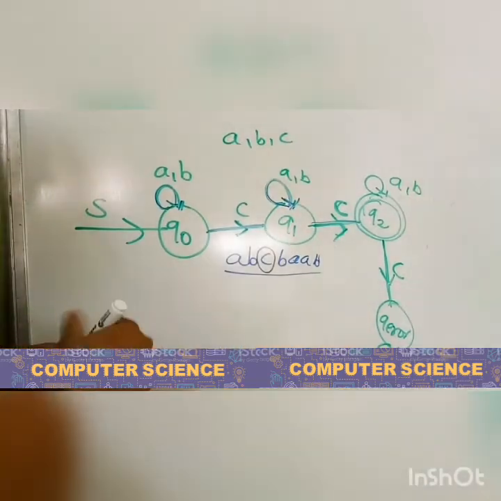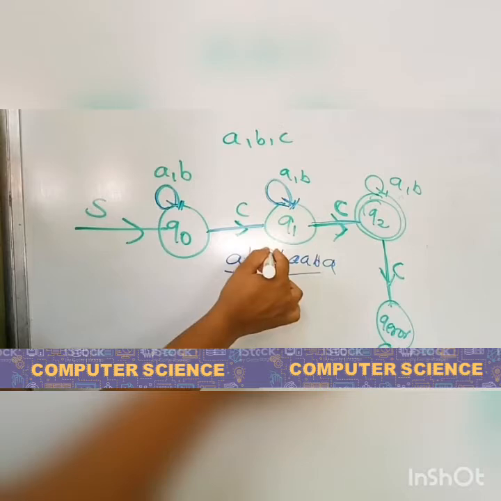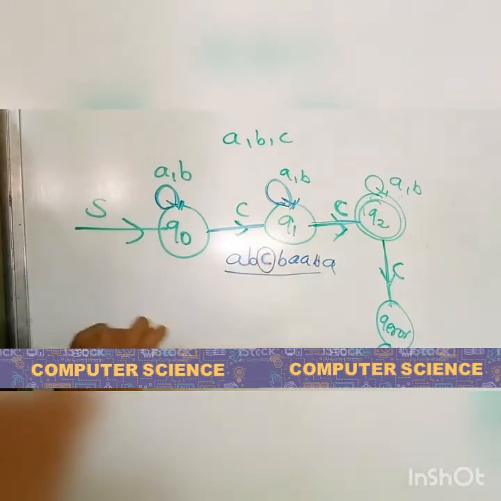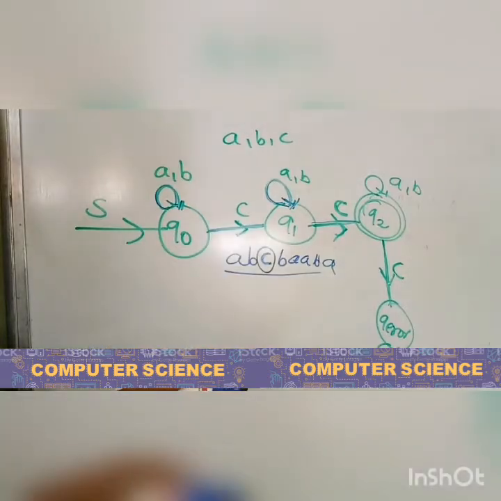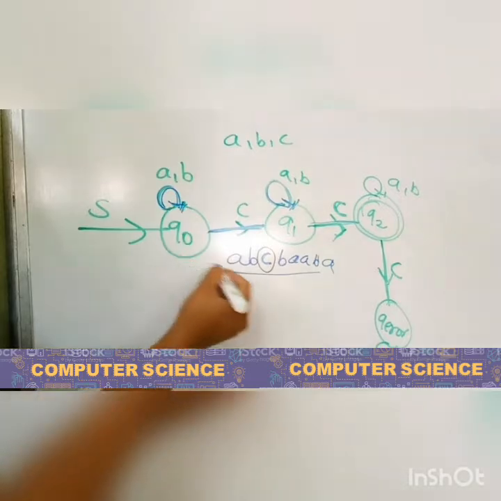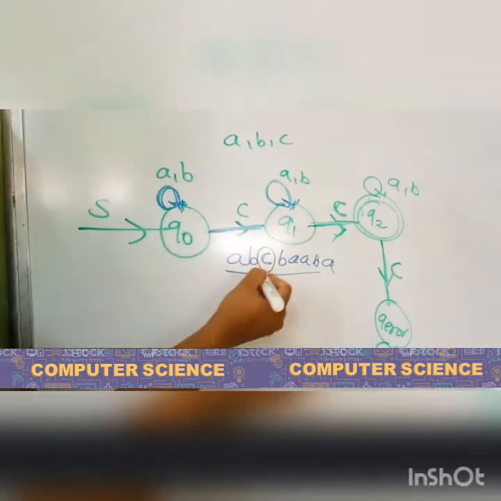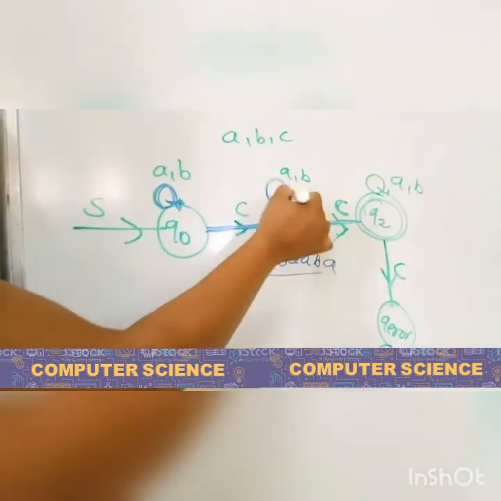Suppose we take here A again, meaning in the whole string we will find only one time C. So this string is not to be accepted by this machine. When A comes, it stays at Q0, again at Q0. When C comes, it goes to Q1. When B comes, it will stay here.